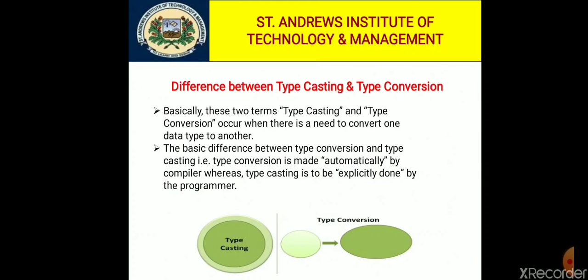The basic difference is that type conversion is made automatically by the compiler, whereas typecasting is done explicitly by the programmer.